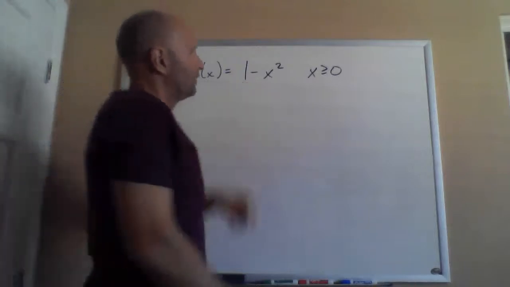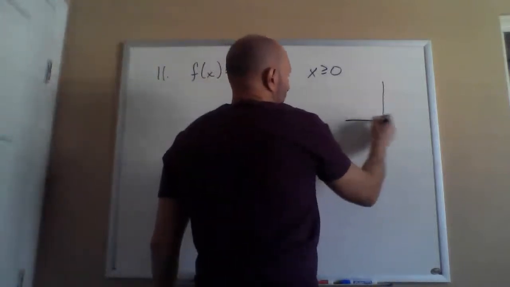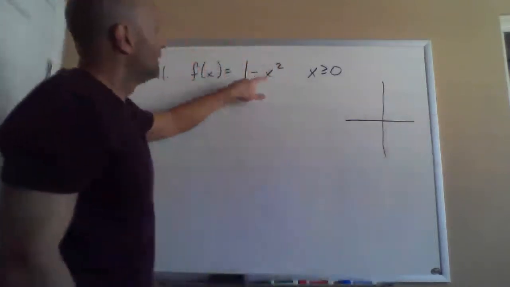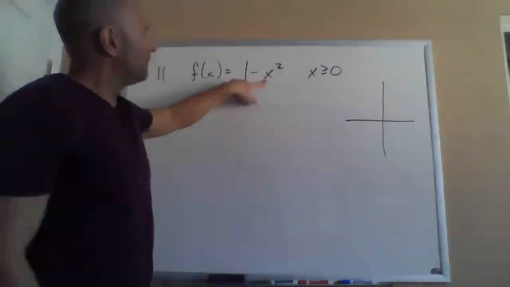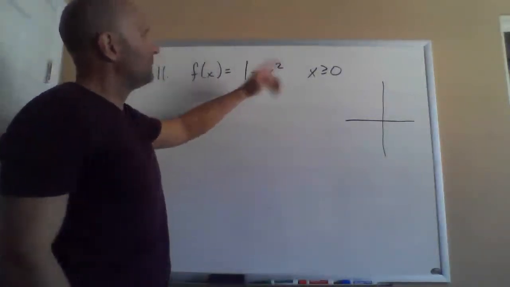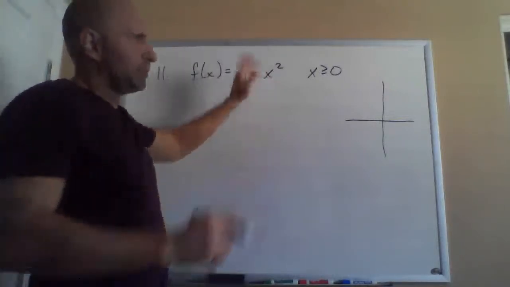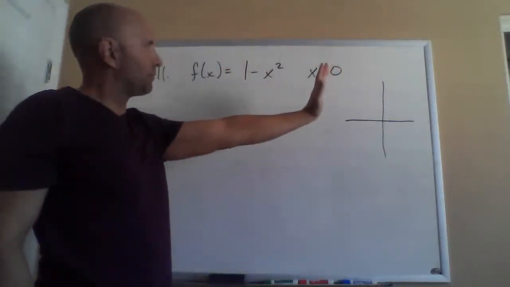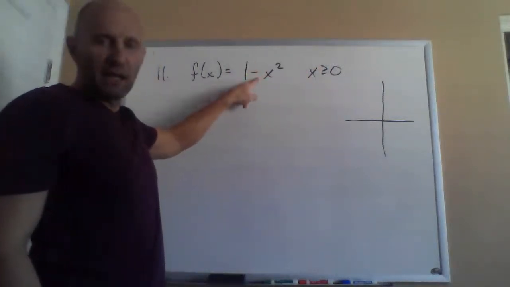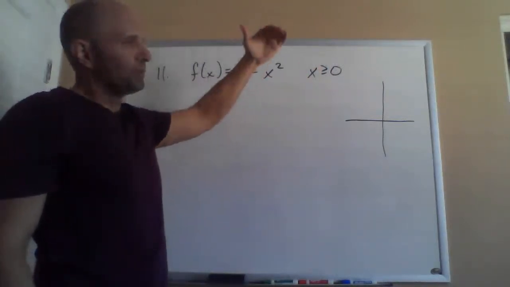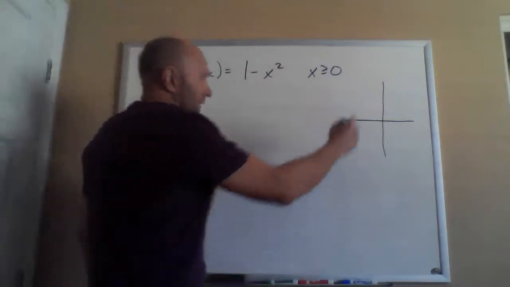Let's sketch this out real quick using our transformations of graphs. So x is only bigger than 0. So x squared is normally our parabola, but instead it's just going to be the right half of the parabola. And then the negative in front does what? It reflects it on the x-axis.